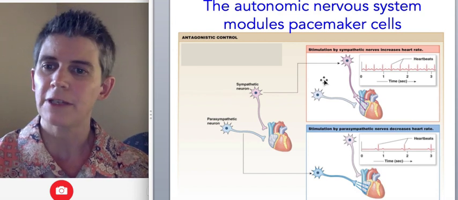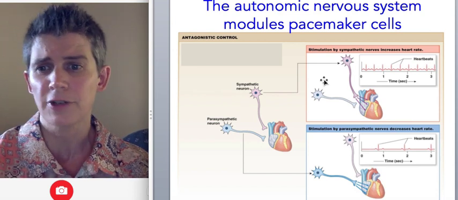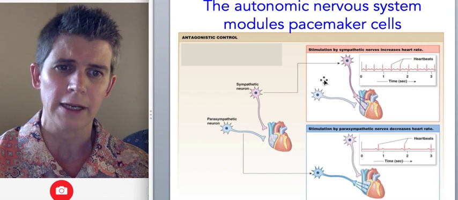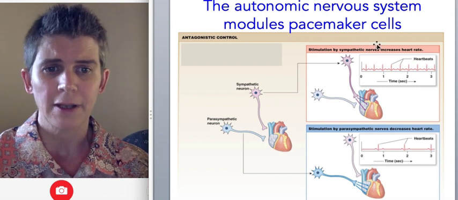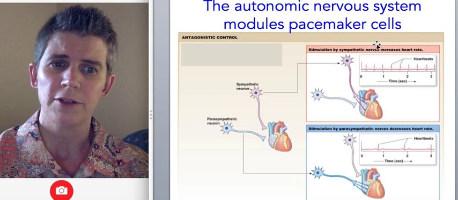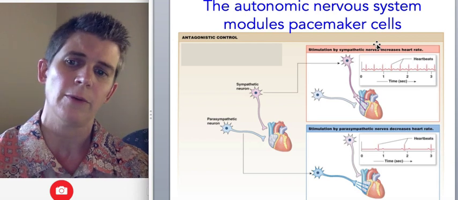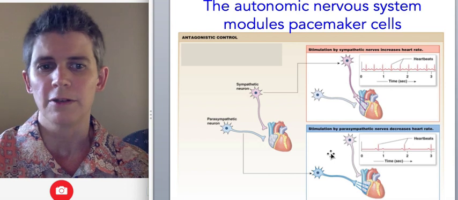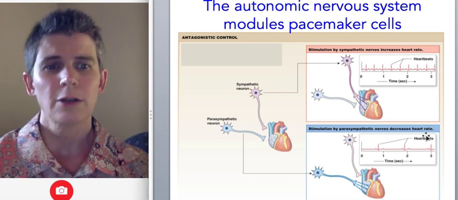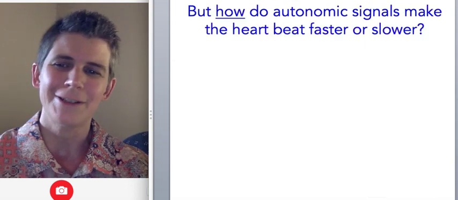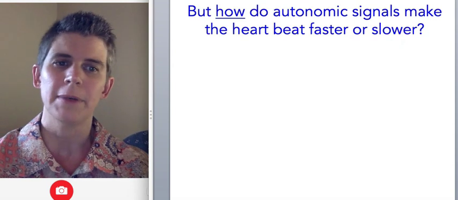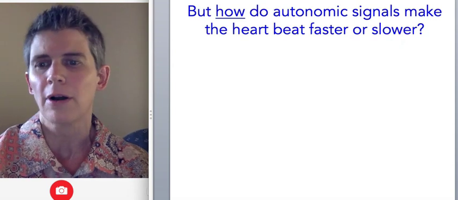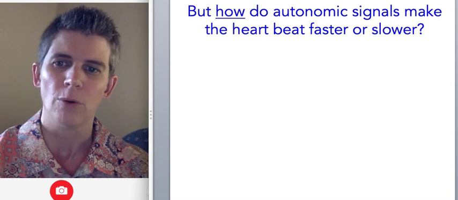And the effect of these two divisions of the autonomic nervous system on heart rate is that sympathetic nervous stimulation will increase the rate at which your heart beats, and parasympathetic stimulation will decrease that rate. The question is, though, how does it do that? How do autonomic signals make the heart beat faster or slower?